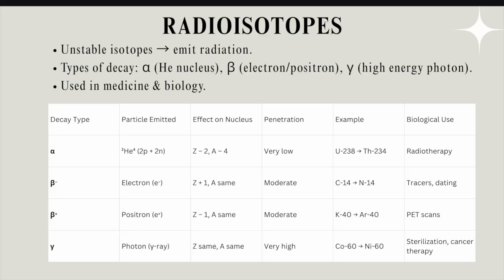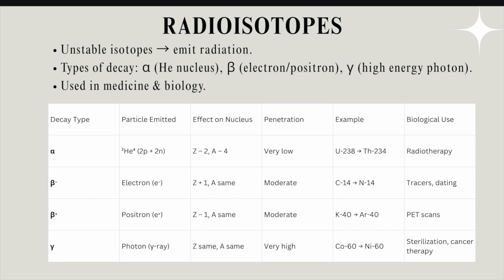The second type is beta. Beta has basically two types, electron or positron. Now what is a positron? Positron is not proton, you must know, because proton has a different mass, electron has a different mass. But a particle having the same mass as the electron but opposite charge is known as a positron.